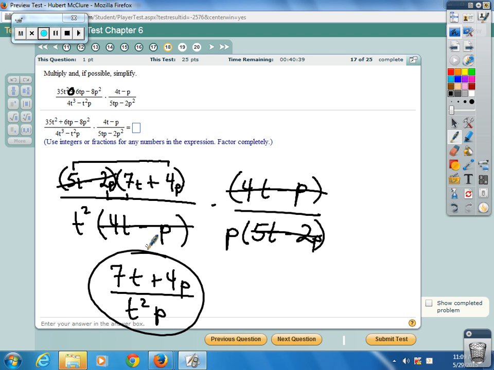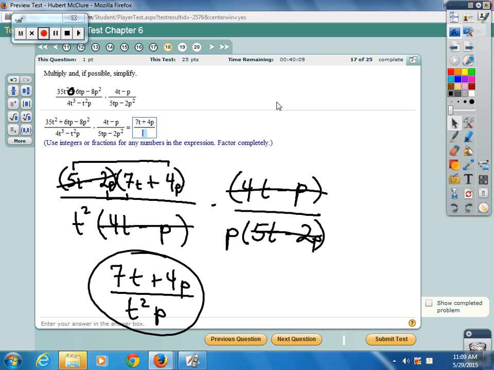Now, was that difficult? You over there whining. Well, that's probably all them fumes from that dog in the shower. Nasty. He was pretty dirty, wasn't he? 7T plus 4P over, what comes first in the alphabet?